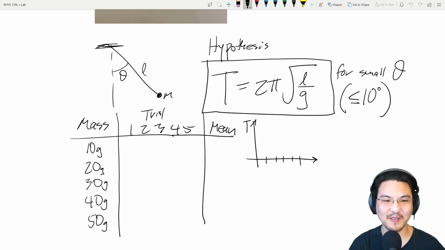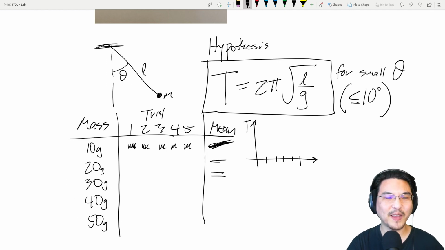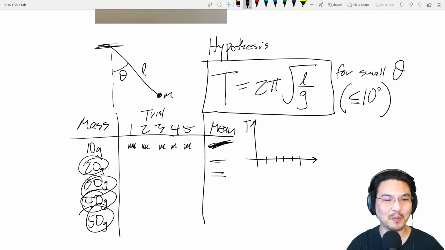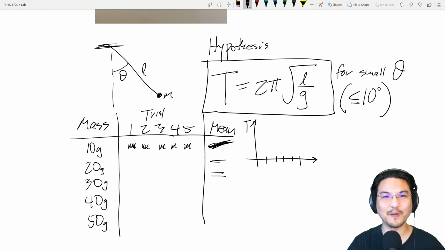Right, so again, you set up, for example, your first mass, say like 10 grams, let it swing 3 times, divide by 3, there's trial 1. Okay, reset it, let it go, let's say swing 3 times, divide by 3, there's trial 2, right? And then you do 5 trials, take the mean. And then, right, do all 5 different masses. And it's fine if it's not like even multiples, as long as it's different values.